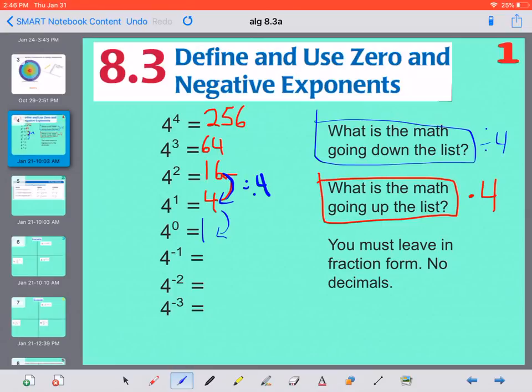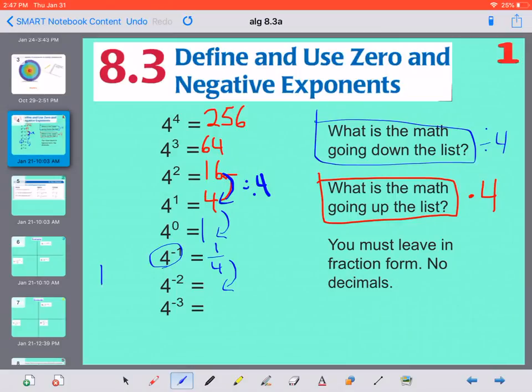Now, when we are dealing with negative exponents, we're still going to be dividing by 4. Basically, what we're taking is the reciprocal of 4 to the first power. So if I divide 1 by 4, I get 1 over 4, or 1/4. Now, if I take this one, this is saying I have 2 4s, and I'm going to do the reciprocal of that.